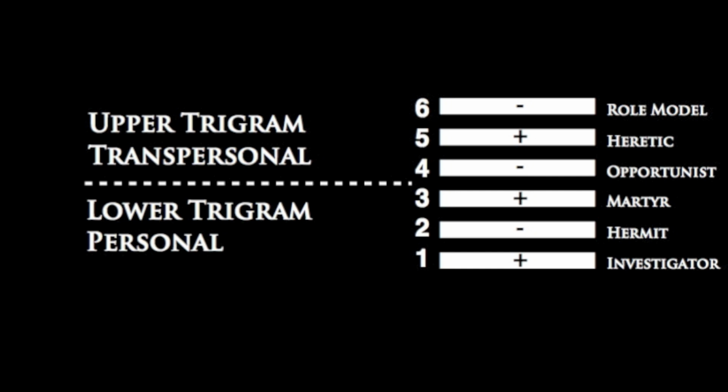Now notice that the yang lines, the first, third, and fifth, have to do with piercing, looking into things, having very kinetic experiences, like with the third line, bumping into things.